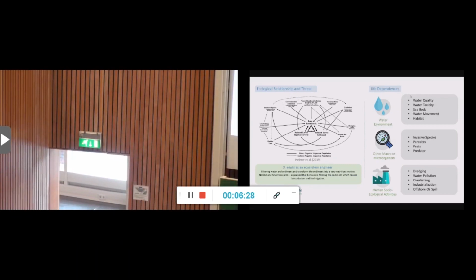If there are changes in the environment, that could affect the life of the flat oyster. The second one is other macro or microorganisms, like invasive species or pathogenic species, for example an algae bloom or parasite bloom, that could also impact the life of this flat oyster.